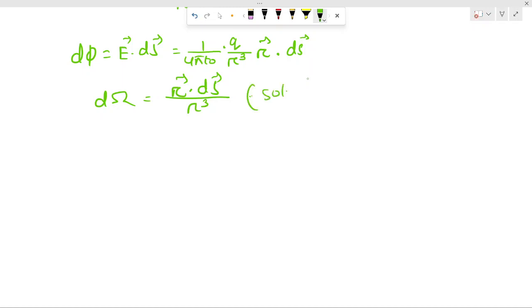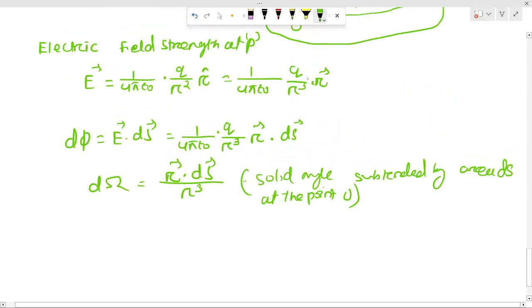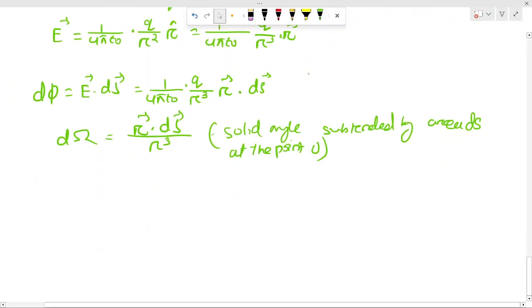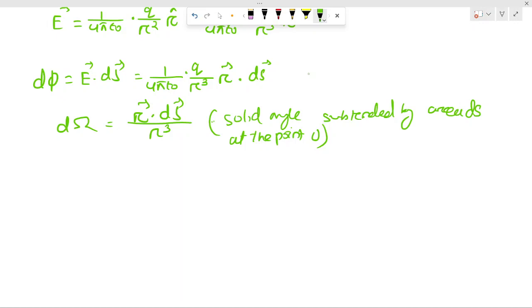Let me write it for you. Solid angle subtended by area ds at the point O. As in the diagram I have shown you, see here, the area ds subtends the solid angle d omega at the point O. That's why I write d omega as r dot ds upon r cube.